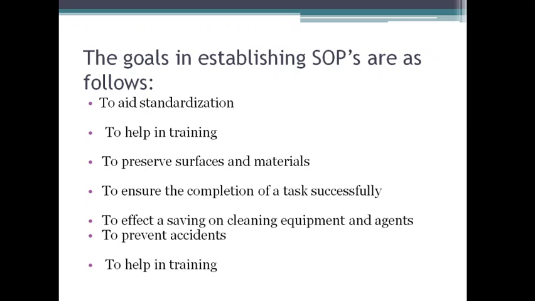So SOPs help to learn the steps, to learn the technique of handling an equipment or cleaning agent or anything in that matter. The aims are to ensure the completion of tasks successfully, to effect a saving on cleaning equipment and agents, to prevent accidents, and to help in training. So these are the factors that have to be in the SOPs, and these are the goals of establishing SOPs.